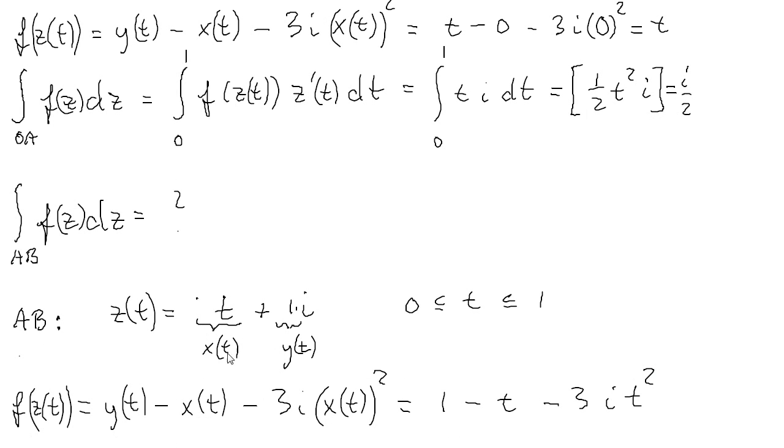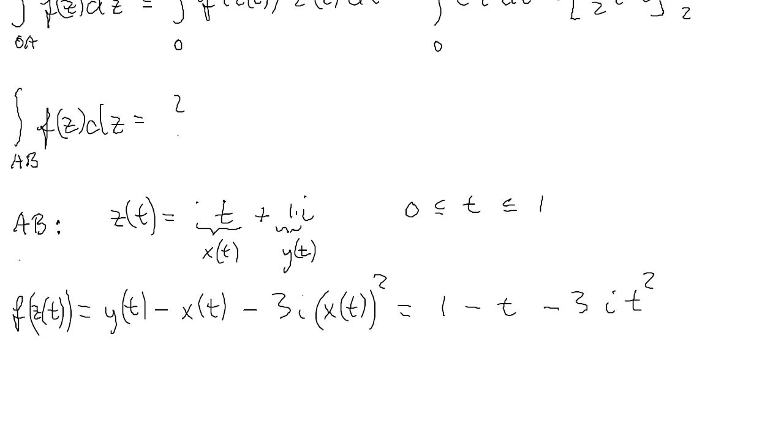So we have x of t, the real part, is t, and the imaginary part y is equal to 1. In this case, we obtain that f of z of t is the same as above, but in this case we have to substitute x of t equal to t and y of t equal to 1.